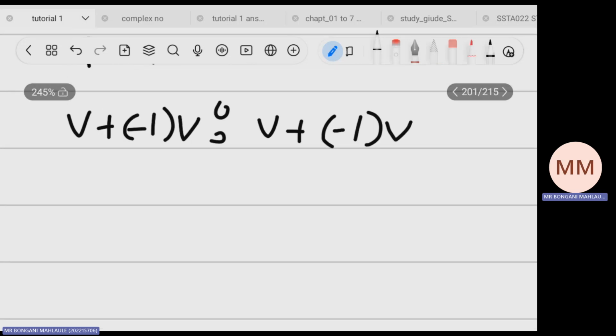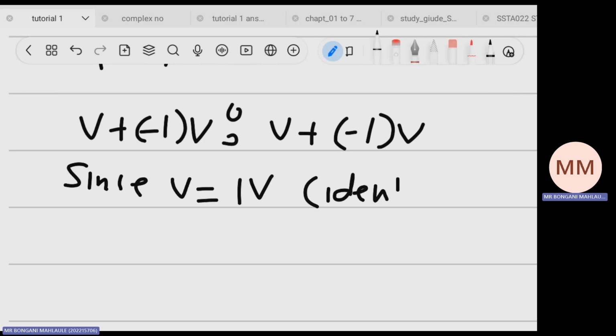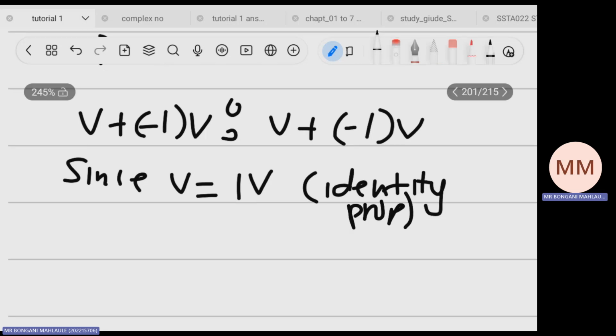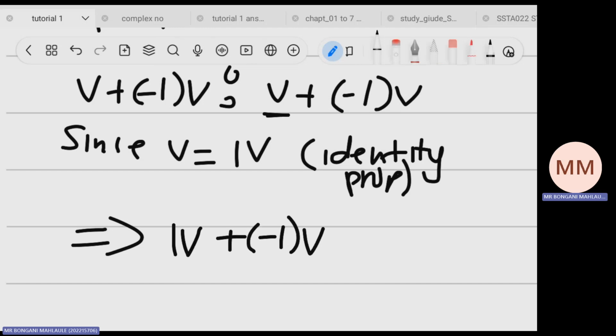Since V is equal to 1V by the identity property, this will imply that where there is V, we can write 1V plus negative 1V.